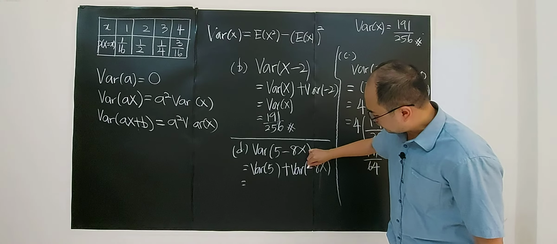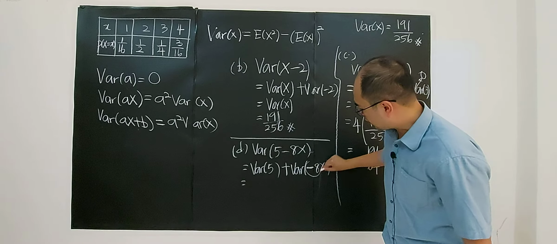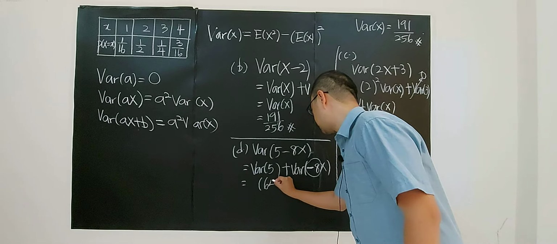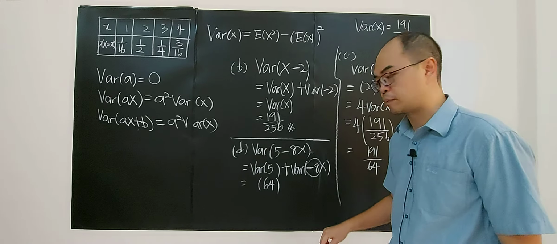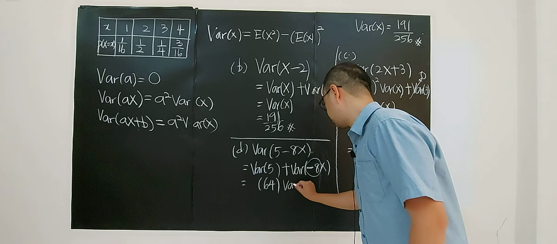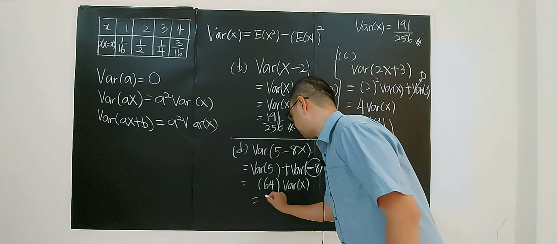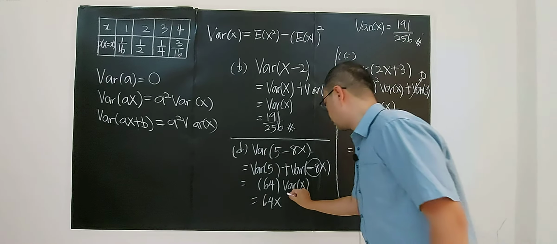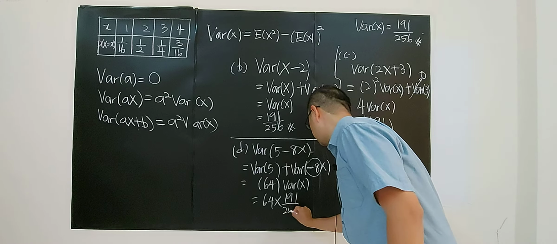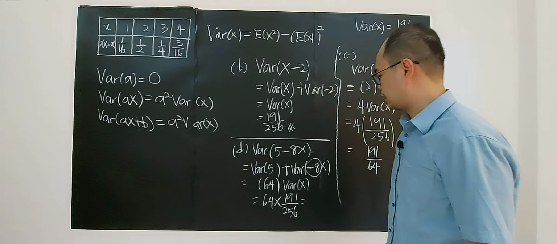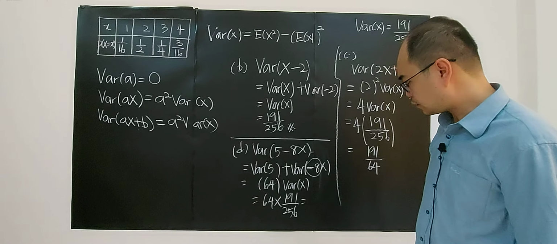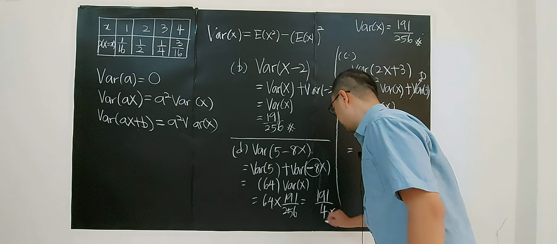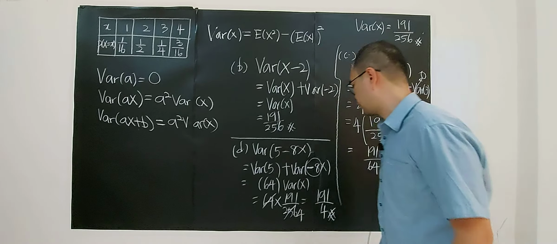But this is negative 8, so this is your a. By using this rule, you have a to the power of 2: negative 8 squared is positive 64, times the variance of x. So we take 64 multiplied by the variance of x, which is 191 over 256. Simplified, this is 191 divided by 4.